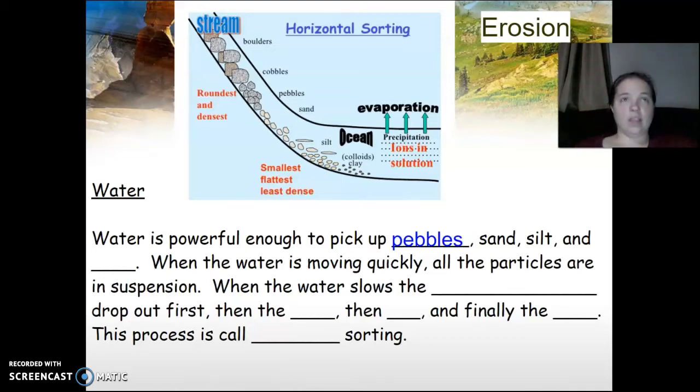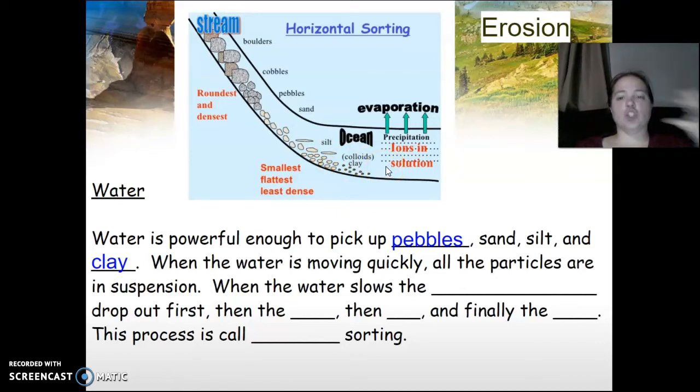Think of in the spring, when you have all the snow melt, that helps increase the stream velocity, which helps bring the heavier, bigger boulders and cobbles with it. So pebble, sand, silt, and clay, which you can see right here. When water is moving quickly, all the particles are in suspension.